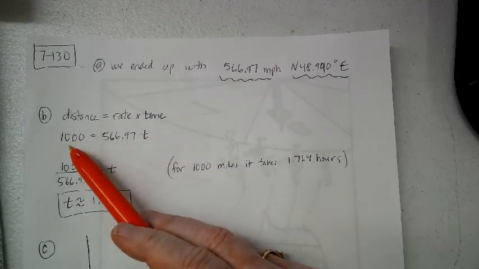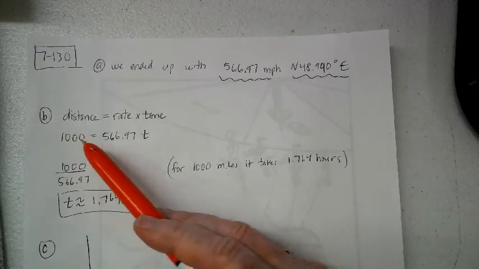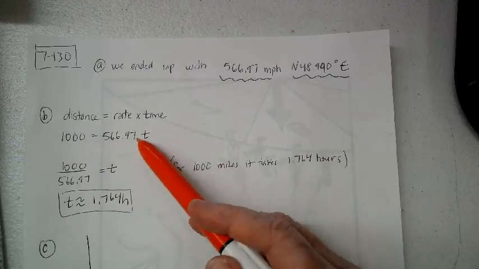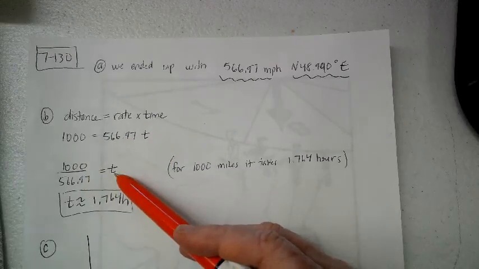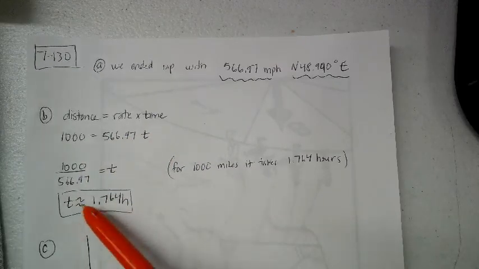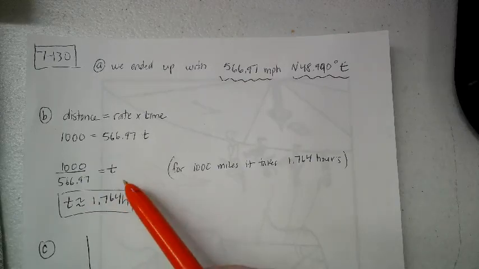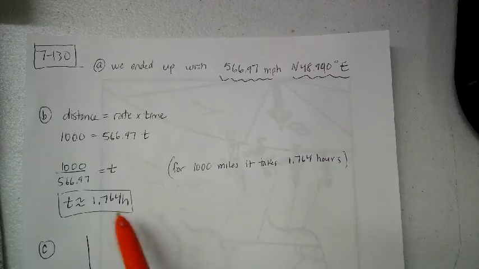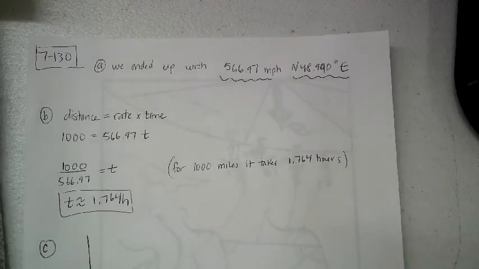So we want to know how long for 1,000, so we put in 1,000 for the distance, and then divide both sides by the rate, and that gives us the time. So for the plane to go 1,000 miles, it would take 1.764 hours.